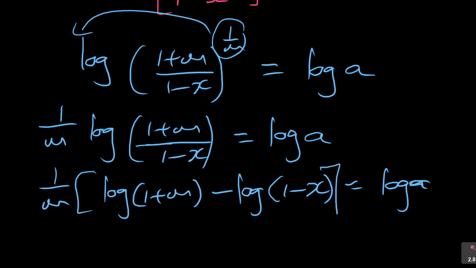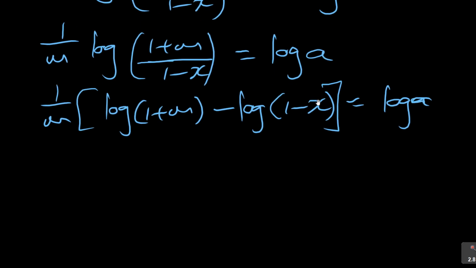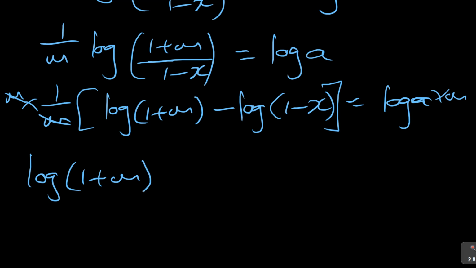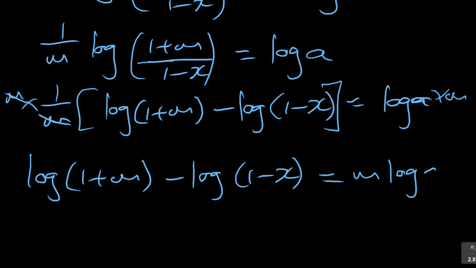See, that is equal to log a. Alright, then let's close this. And then what do I do there? I'm forced to multiply by m here, multiply by m there, so that I can open that bracket. So it's log bracket 1 plus m minus log bracket 1 minus x, see, is equal to, I multiplied by m, so it's m log a.